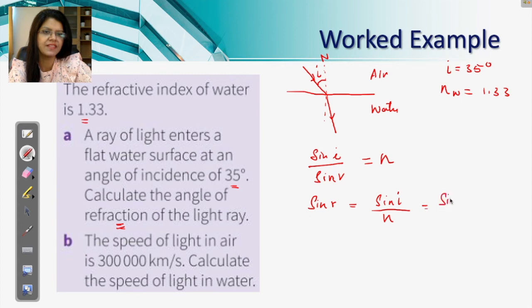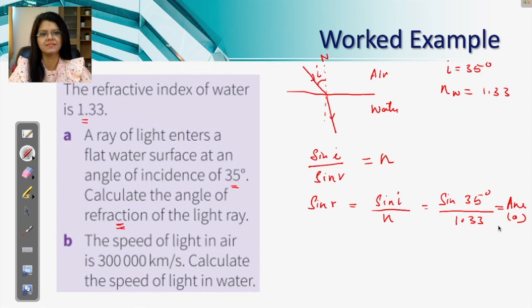Sine of 35 degrees over n, which is 1.33. If you can solve this, this will give you your answer for part A. Right, so this is where we solve part A.